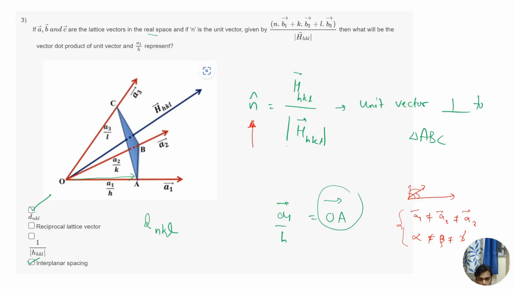Because the HKL is a vector in the reciprocal lattice space. What about the bottom one, the modulus of HKL?